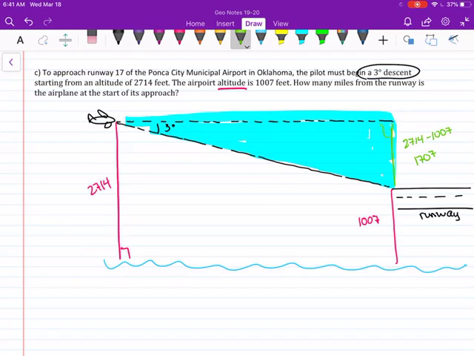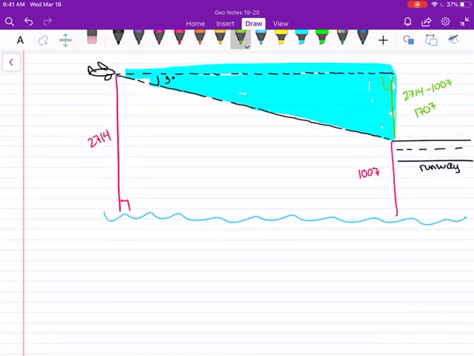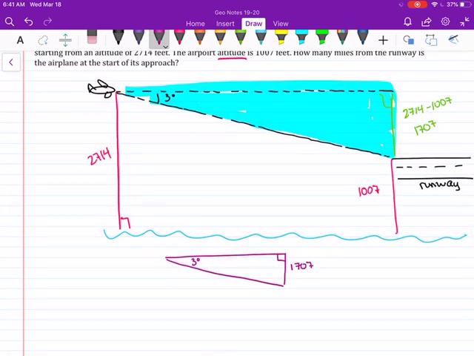And if I just look at that blue triangle, that's the triangle I am interested in, okay? So let's see here. We have a right angle here, we have 3 degrees here, 1,707, and it asks us for the distance from the airplane to the runway. So it's asking us for that direct distance or the hypotenuse of that triangle.